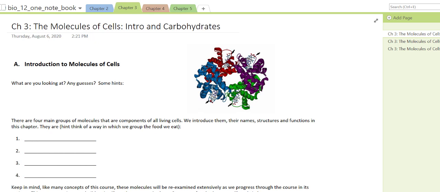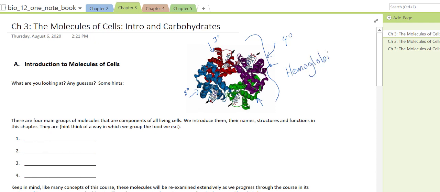I just paused the video momentarily to flash back to the very first page of our notes in this chapter, where we discussed this protein, which is hemoglobin. I'm pointing out the quaternary level of structure here. Each of these different colors, purple here, green here, blue over here, and red up here, is individually a tertiary structure, but collectively you have four different tertiary level proteins all interacting to give this quaternary level of structure in the protein hemoglobin.